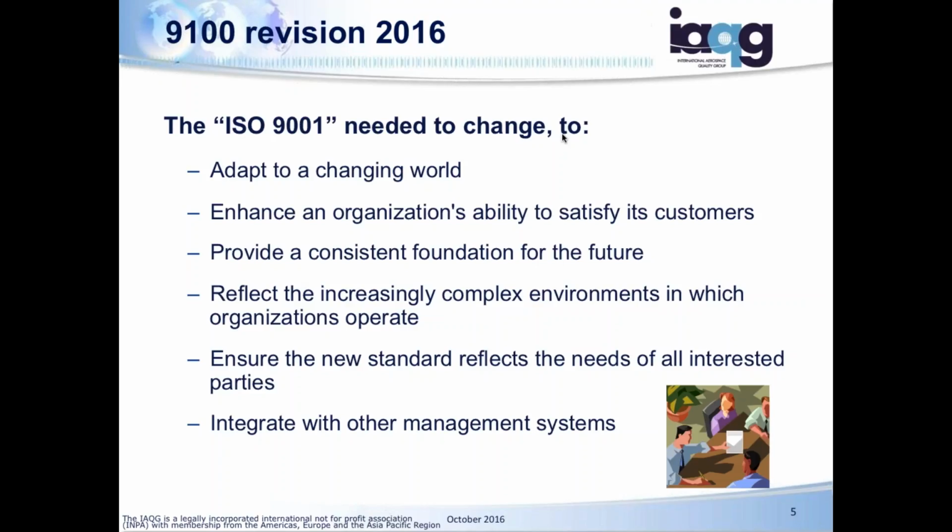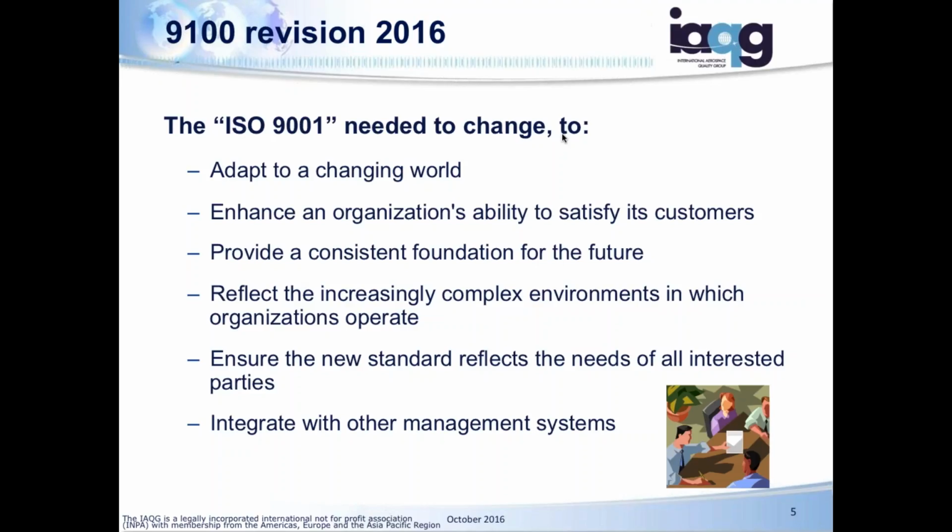The environments we operate in today are quite different than they were 15, 16 years ago. There is much more multinational cooperation, and many more businesses with partnerships than in the past. So we need to make sure that our standards stay relevant to those new world conditions.